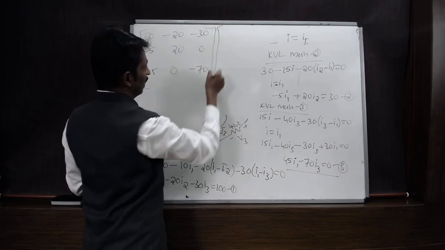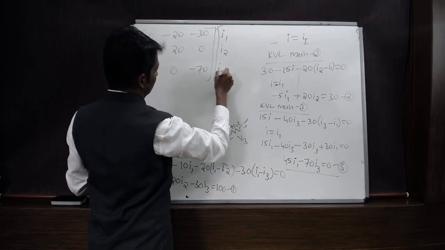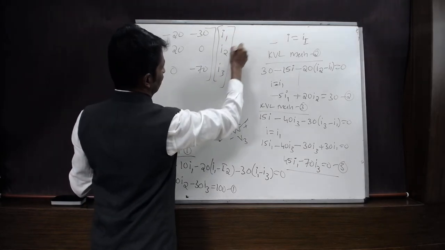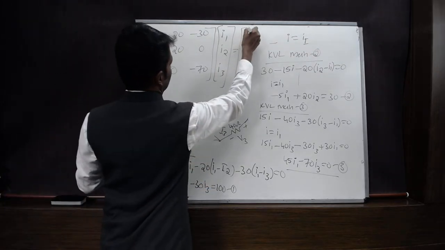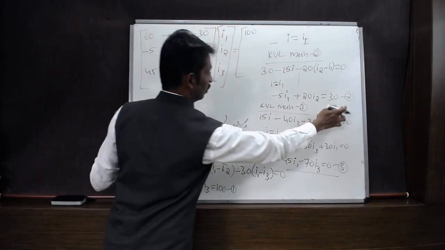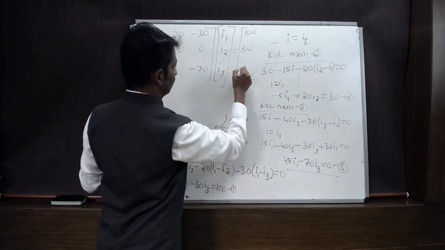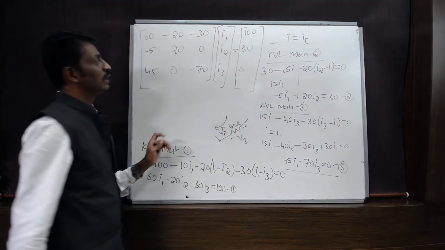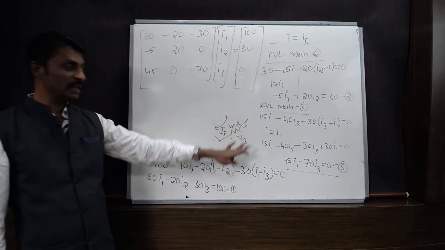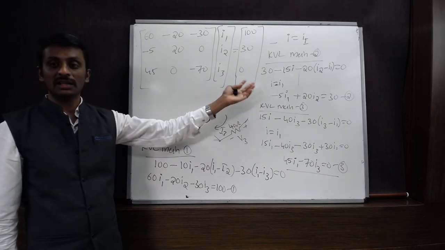With the three unknown currents I1, I2, I3, the voltage levels are 100 for the first, 30 for the second, and in mesh 3 there is no voltage, so let us make that 0. So we represented all three equations in matrix format. Let's solve this using the matrix mode in the calculator with three unknowns.